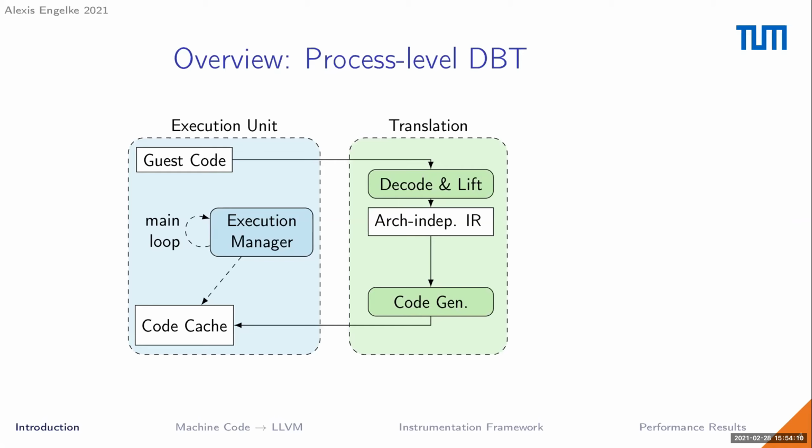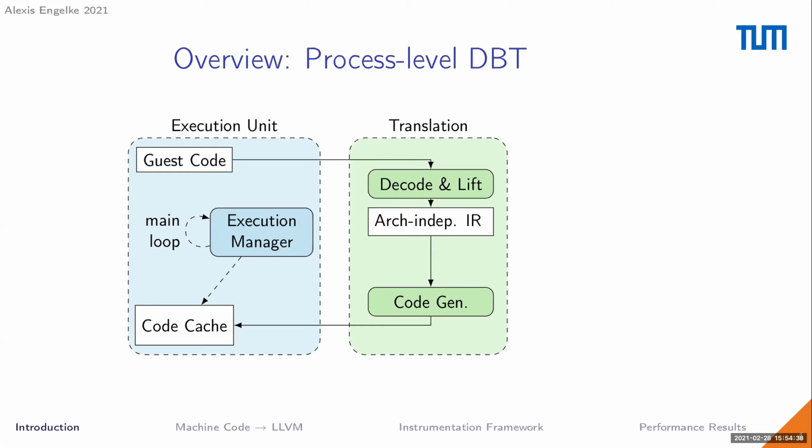And this is then placed into the code cache. Then this code fragment is executed, and once it's finished executing, it updates the virtual CPU state. Then the execution manager looks again at the new program counter and sees, well, do I have this address already translated in the code cache? Then it uses that again. Otherwise, it triggers a new translation process. And this process repeats until the program terminates.